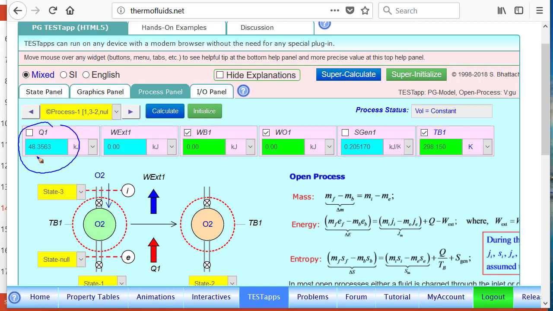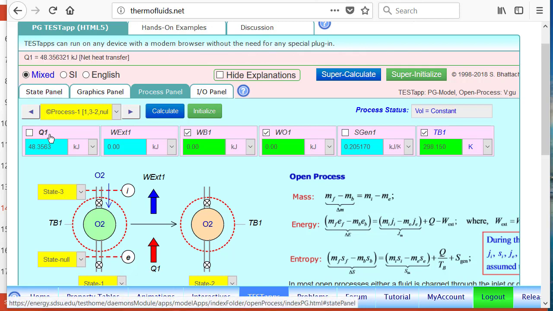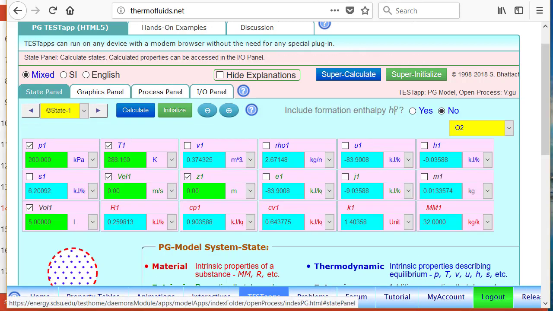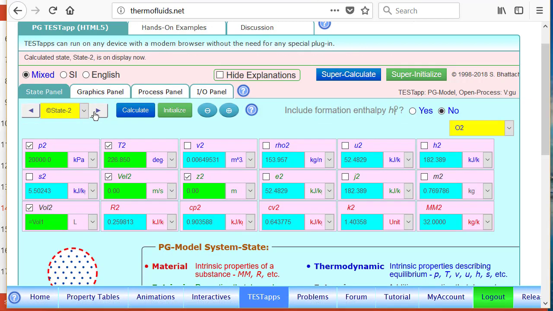So obviously we have to re-guess the temperature because there is no heating. The cylinder is insulated, so our guess must have been a little bit too high. So we go back and improve our guess for state 2, the final state.